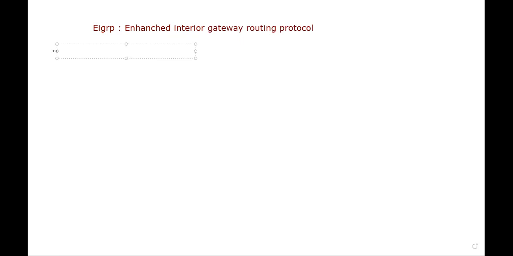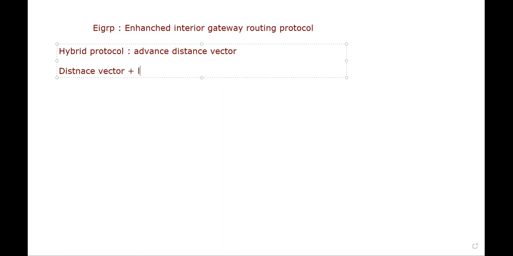EIGRP is a hybrid protocol. Hybrid protocol means it is an advanced distance vector protocol. Advanced distance vector means distance vector plus link state.